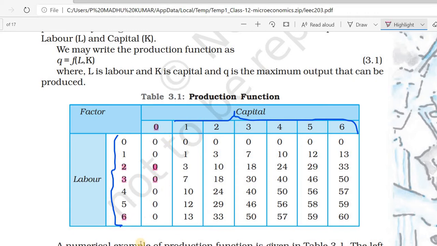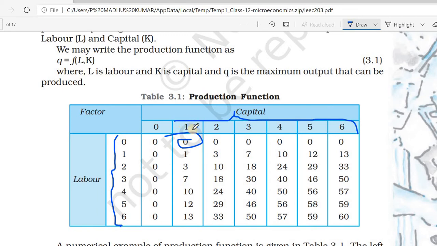In this column, when labor is 6, production is also 0. When capital is 0, production is not possible. Then we increase capital to 1. Capital is there, land is there, but no labor, so production will be 0.